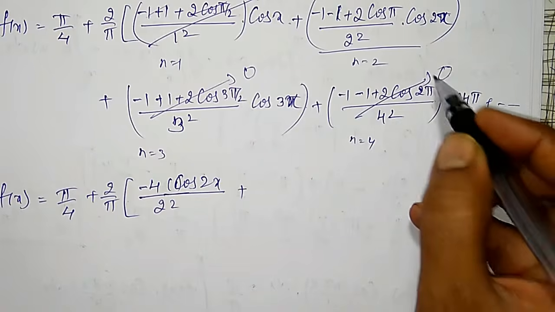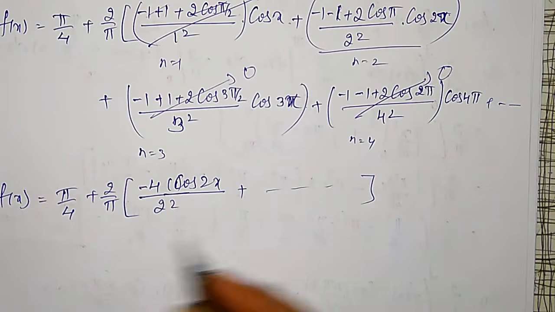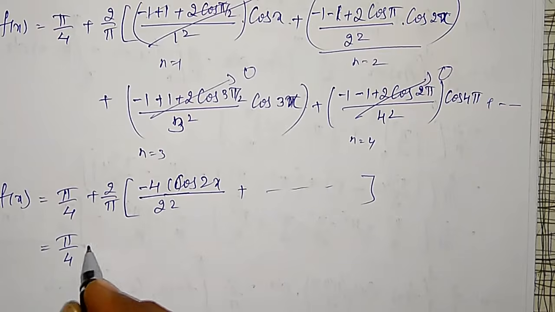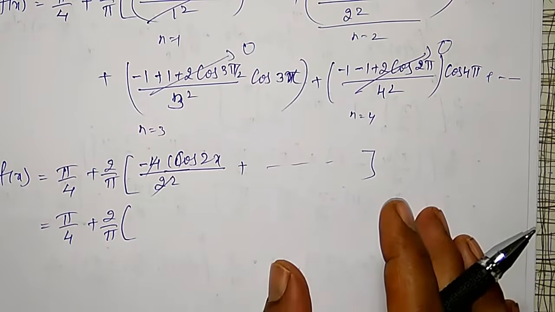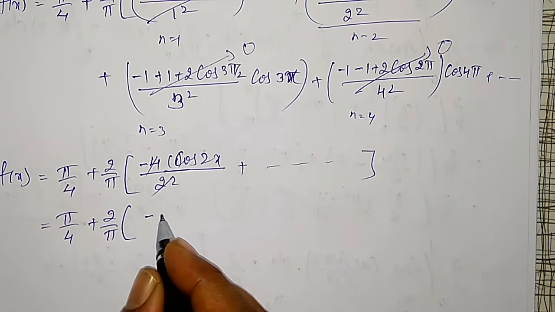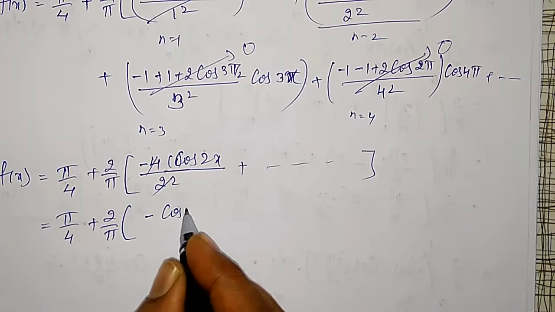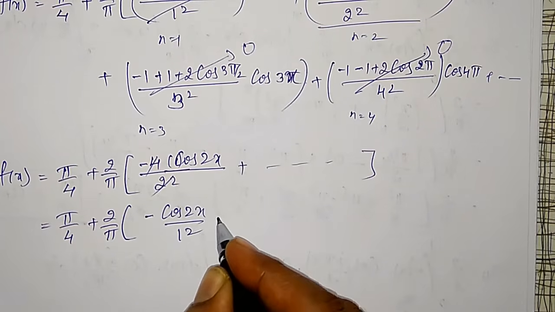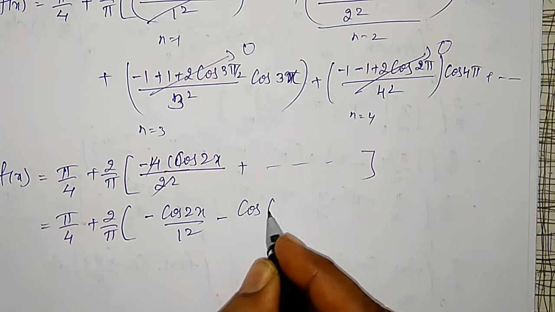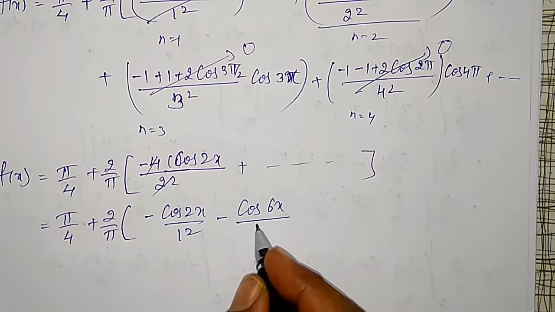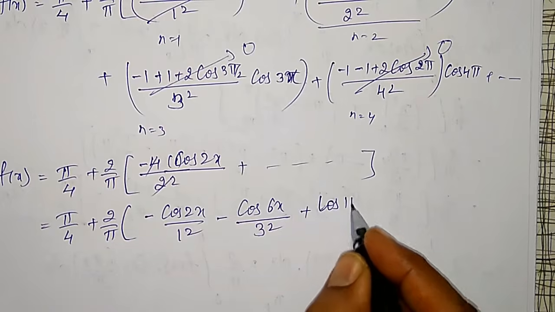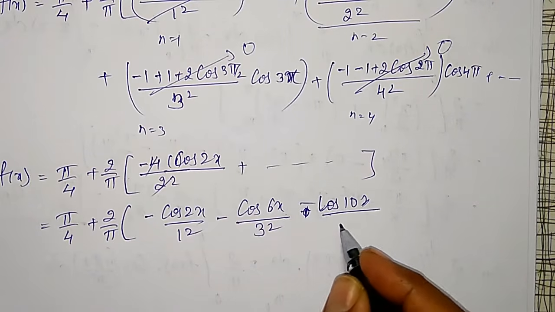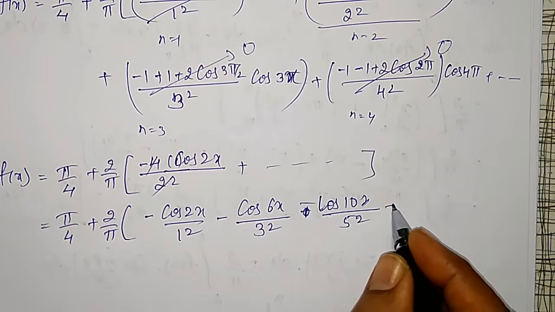This is also again 0. Like this I am going to get pi by 4 plus 2 by pi into, and my first term is nothing but minus cos 2x divided by 1 square, like that minus cos of 6x divided by 3 square, minus cos of 10x divided by 5 square, plus so on.